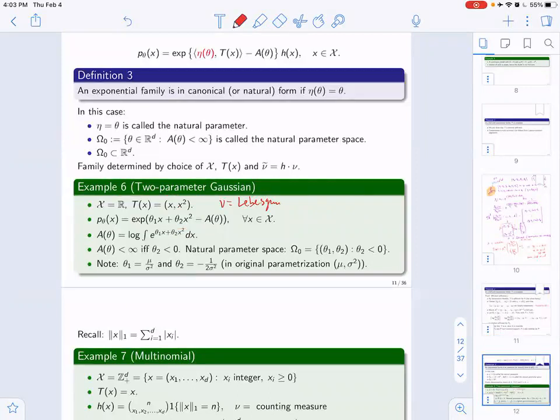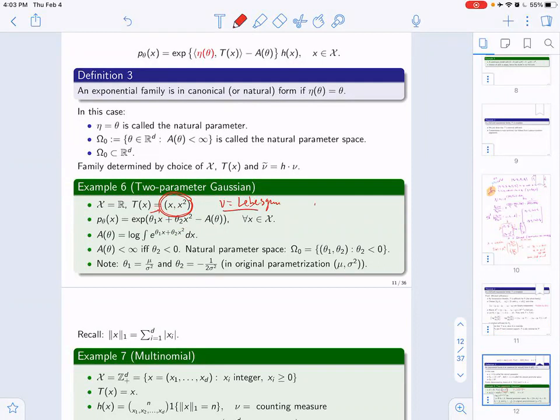And this turns out to be the 2-parameter Gaussian family. So if you didn't know the Gaussians, you can think of the Gaussians as the 2-parameter exponential family defined on R with this sufficient statistic. It's the natural exponential family associated with this and the underlying Lebesgue measure.